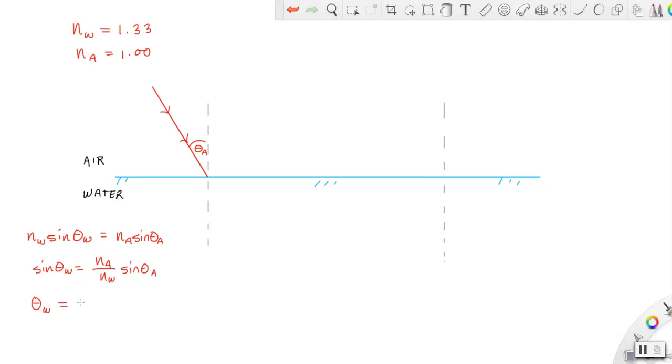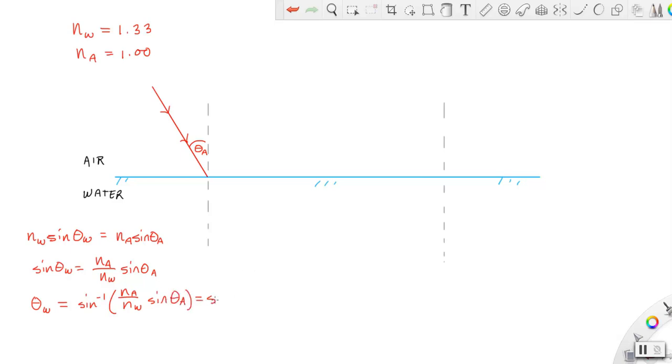We take the arc sine of both sides to find theta in water, and that means we're taking the arc sine of everything on this side, right? So we're going to take the arc sine of, make sure that this fraction is inside your arc sine, not outside, sine of the angle in air.